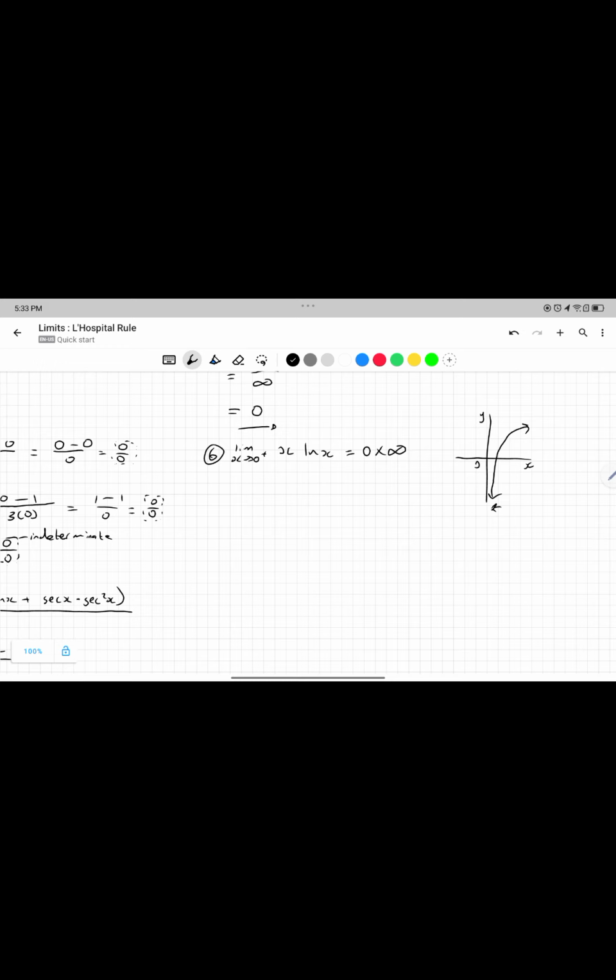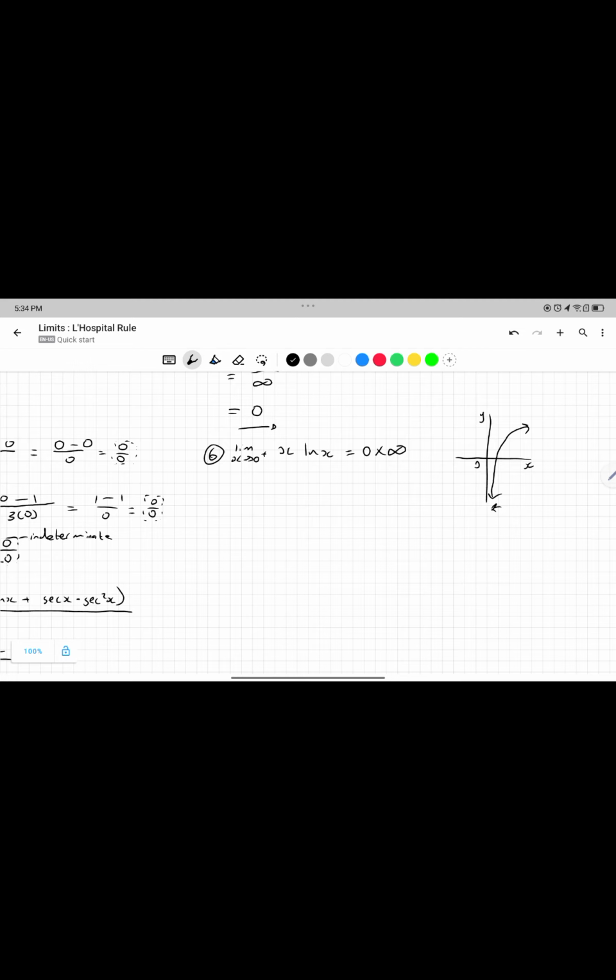Now we need to make something a function, because we can't just use L'Hopital's rule when there is a product of 2, when there is no quotient. Let me just be safe like that. And so we need to make that a quotient. Now making that quotient will be gambling a bit.